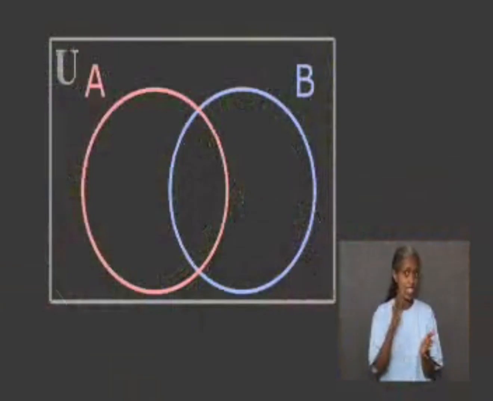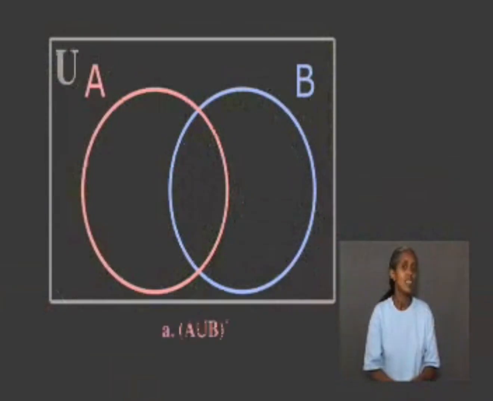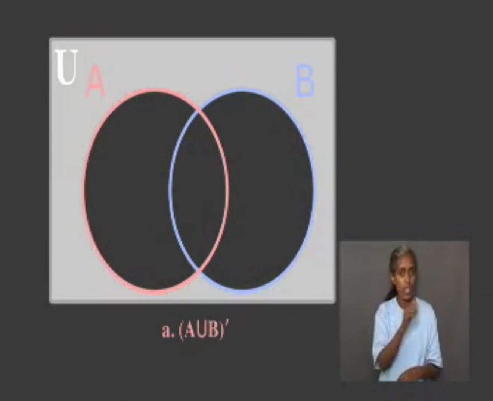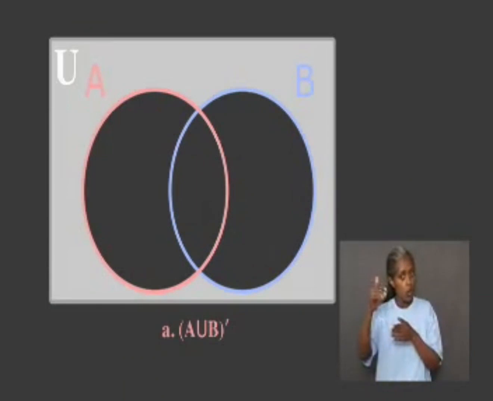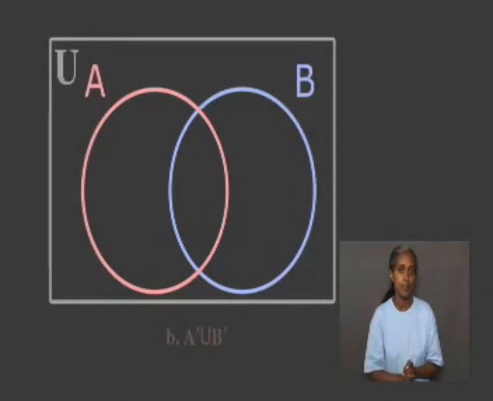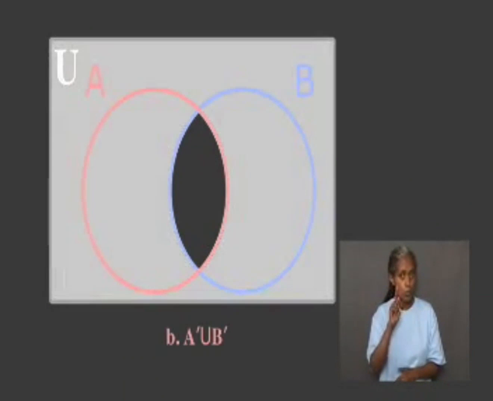The absolute complement of the union of A and B has everything shaded outside of A and B. The union of A complement and B complement shaded everything except the elements that A and B have in common.